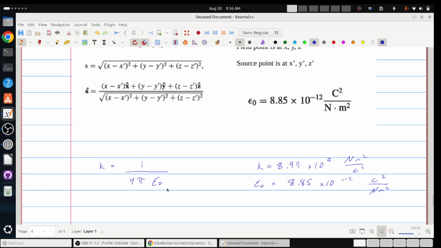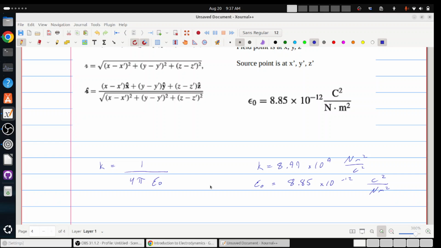There will be times when we're doing something symbolically, leaving it as 1 over 4 pi epsilon naught, that either something with the 4 pi or something with the epsilon naught may cancel out. And therefore, leaving it in that form allows us to work with it symbolically a little bit easier.